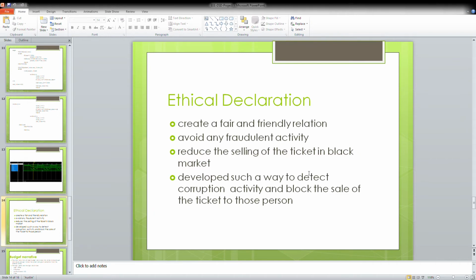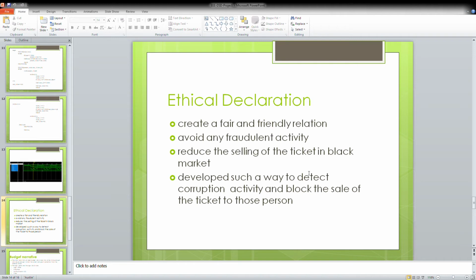Ethical declaration: to create a fair and friendly relation between the public transport conductor, bus driver, and the passengers, and to avoid conflict among the passengers, the bus, and the counter.